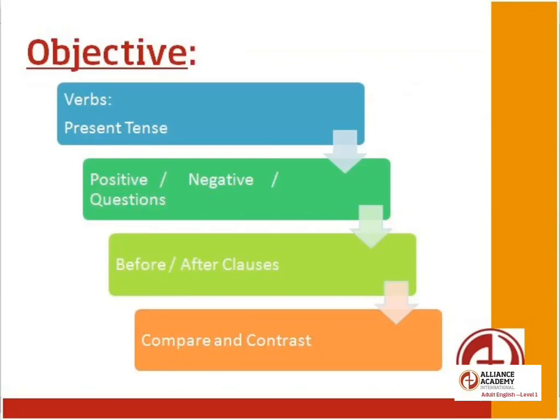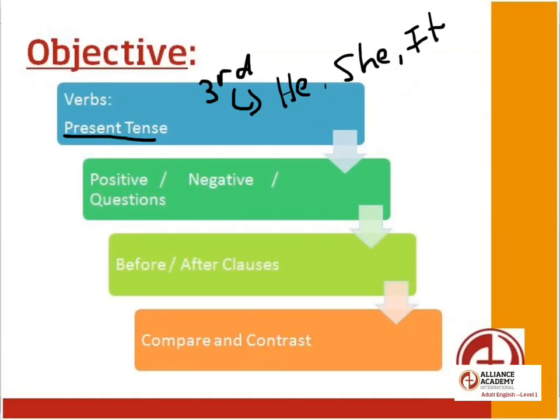Let's just look again at the review. We've talked about present tense in this module. We looked at third person and how third person subjects are he, she, and it. And we also looked at positive forms of the present tense. We know to use don't or doesn't for negative.